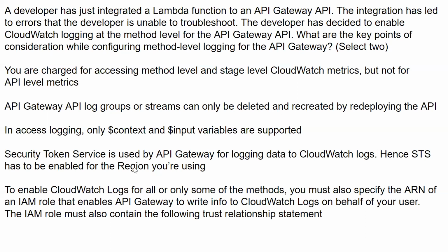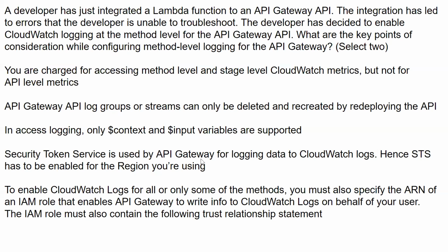Select 2. You are charged for accessing method level and stage level CloudWatch metrics, but not for API level metrics. API Gateway API log groups or streams can only be deleted and recreated by redeploying the API. In access logging, only context and input variables are supported.